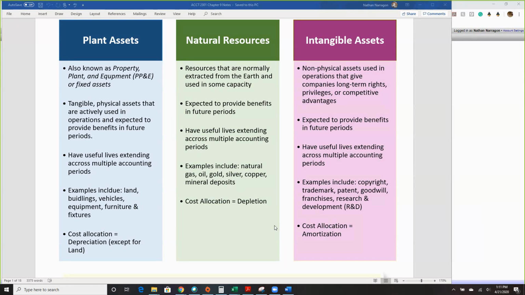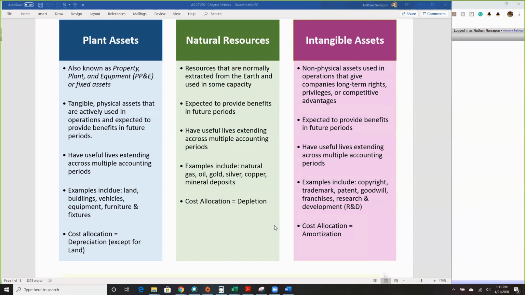And then, of course, the last one that we're going to mess with is intangible assets. An intangible asset in itself is a non-physical asset. A non-physical asset, again, is one that we cannot touch, but does end up providing certain kinds of privileges and competitive advantages for us.